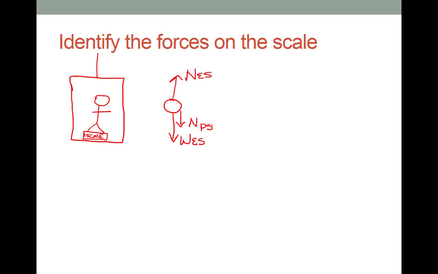Okay, now remember what I said a minute ago. If this whole thing is not accelerating, then this normal force between the person and the scale will equal the person's weight. But if it is accelerating, that changes. And that is one of the examples we are going to be doing in the next part.